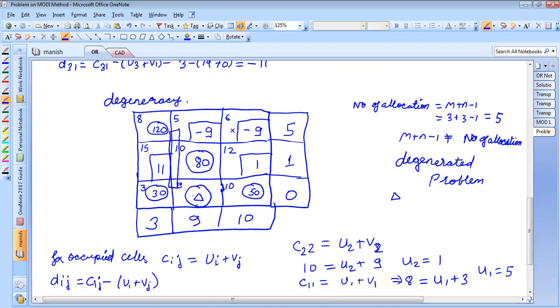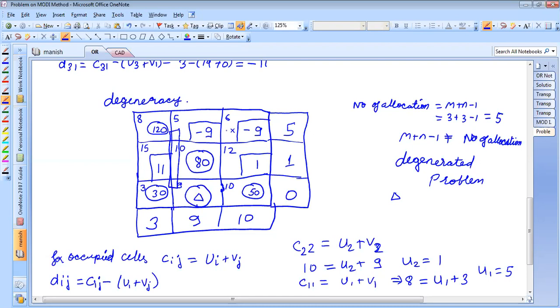So the turn will be at delta. I will try to avoid a turn at delta. This is not a compulsion that delta should not be in the path. Let me be very clear at this point. I will try to avoid this. If necessarily this is coming in the path, I won't object. But I will try to avoid this.